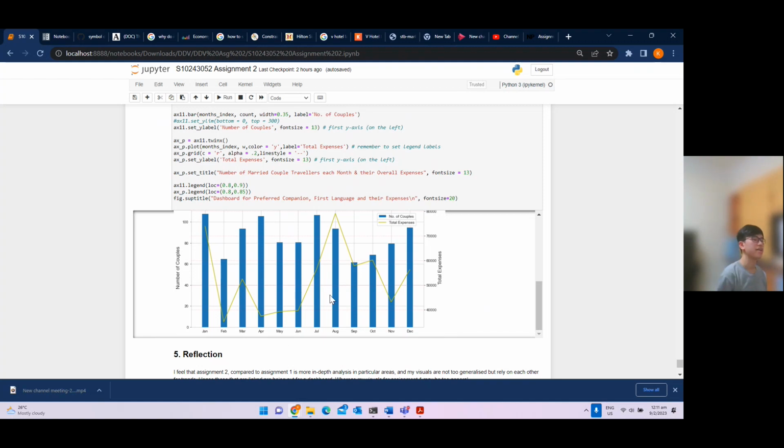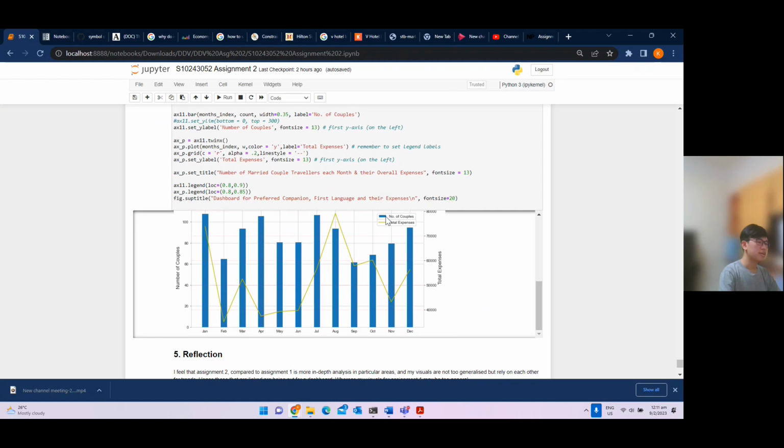This can be explained by Indonesia's GDP having the lowest economic growth during that period, which resulted in less disposable income for Indonesians and less expenditure in general.